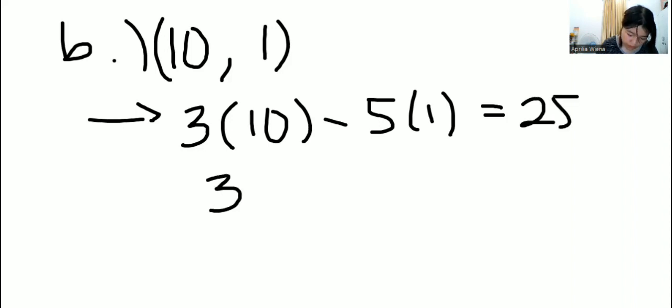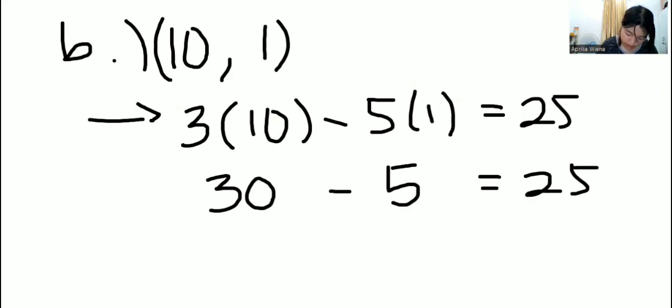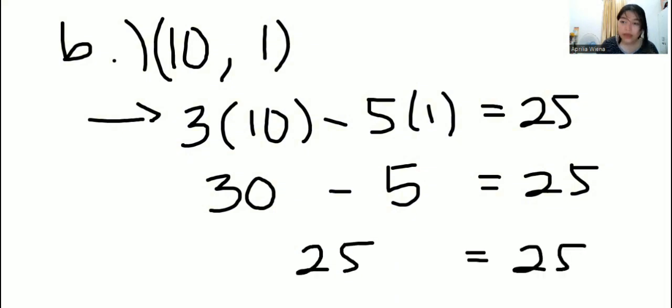We have 30, and then 5 times 1 is 5, and then we have 25 equal 25. And the second one is also true, this point lies on the line equation, so we mark this too.